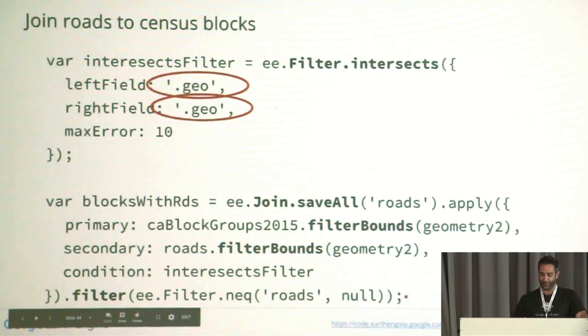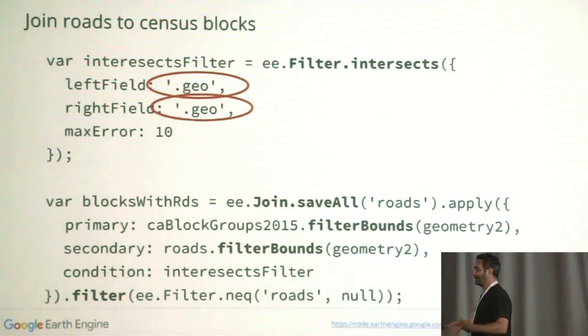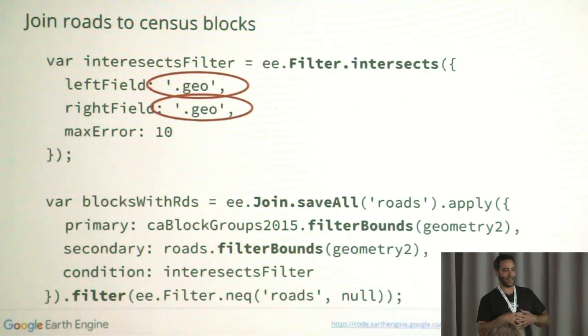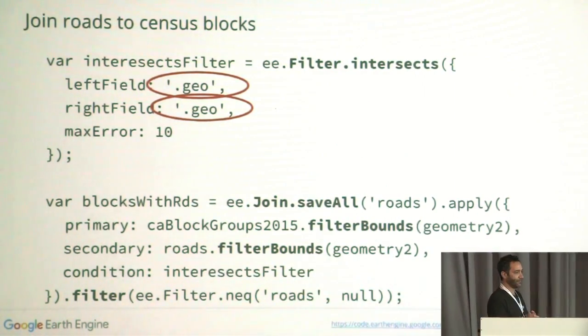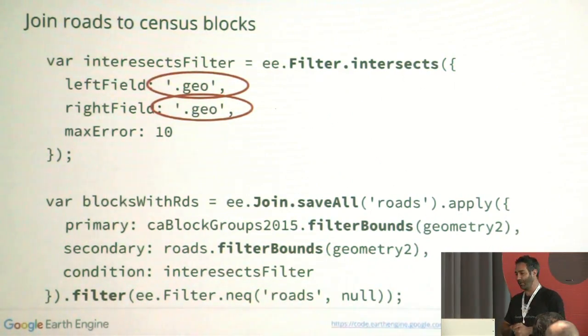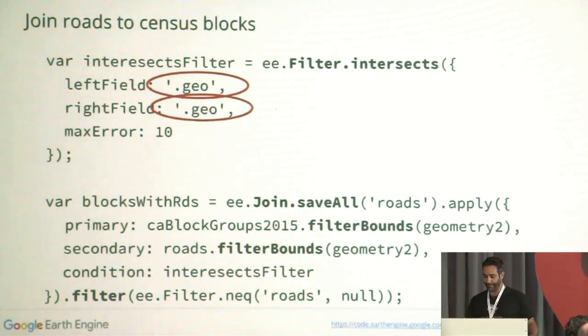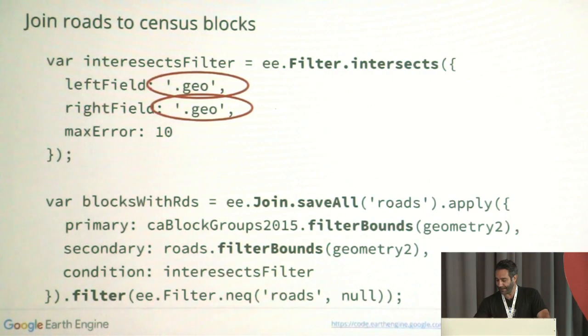And finally, post-filter the result of this join such that if there are any census block groups that didn't get joined to any roads, get rid of those. So we don't want any census block groups for which the roads list, this is going to be a list, is null. Questions about that?